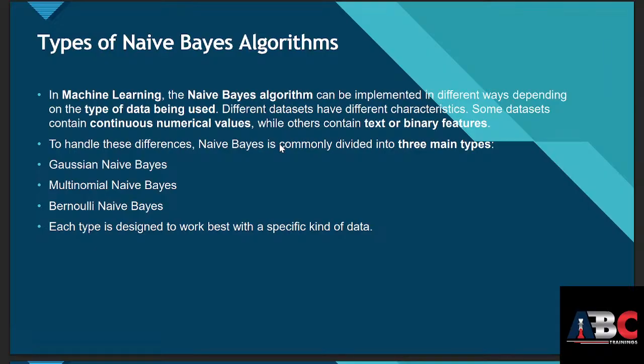To handle this difference, Naive Bayes is commonly divided into three main types. First is the Gaussian Naive Bayes. Second is the Multinomial Naive Bayes. Third is the Bernoulli Naive Bayes. Each type is designed to work with a specific kind of data.